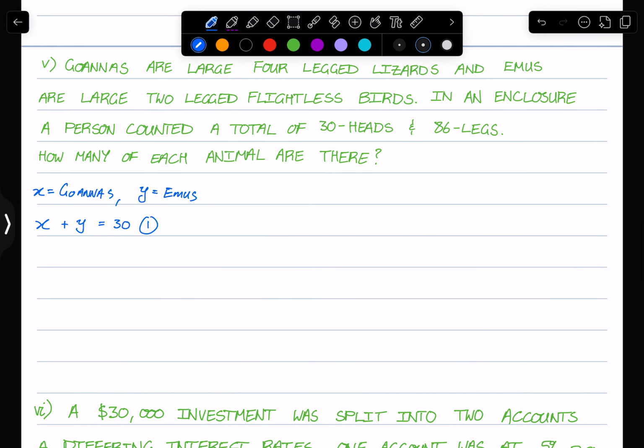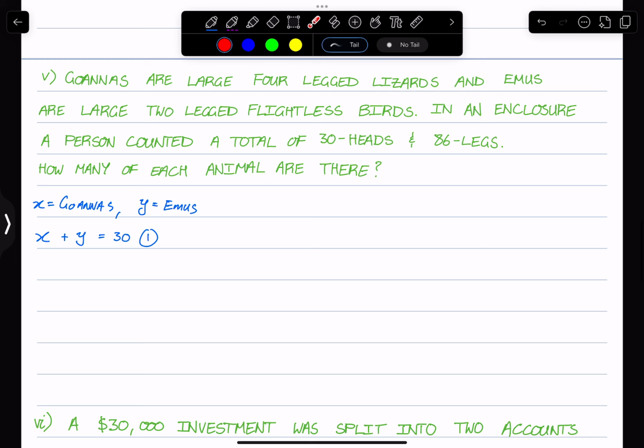For our equation 2, it's this piece of information. It says four-legged lizards and two-legged flightless birds. So now if we're talking about the number of legs of goannas, we can say that for each goanna, x, there are 4 legs.